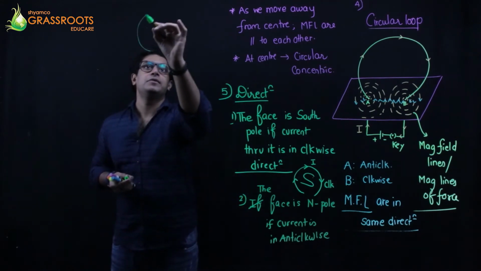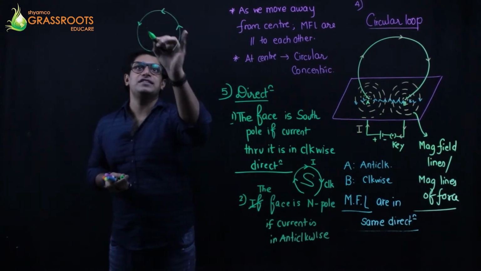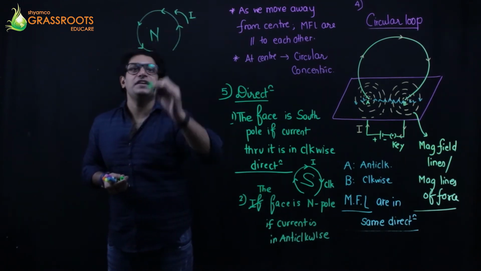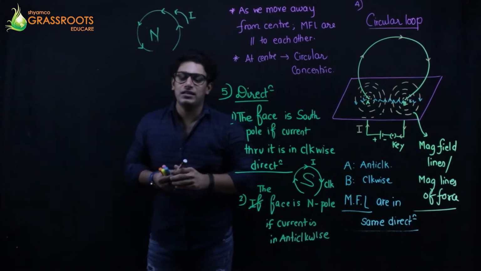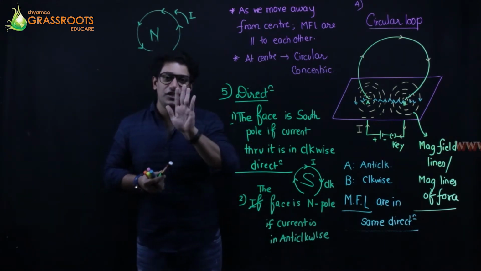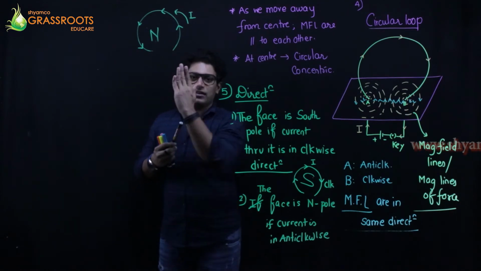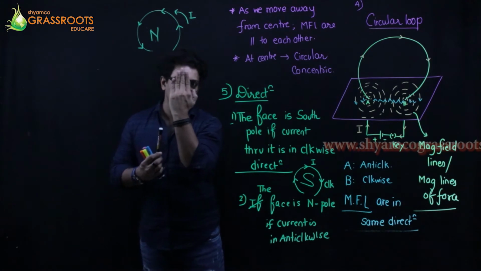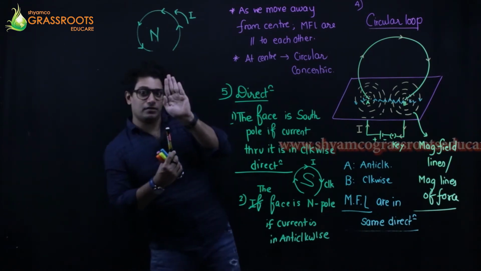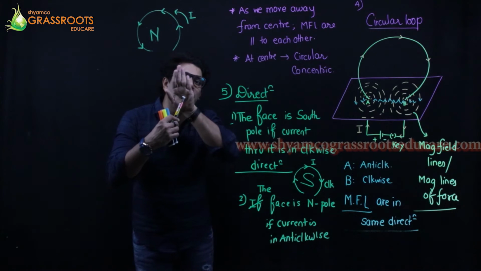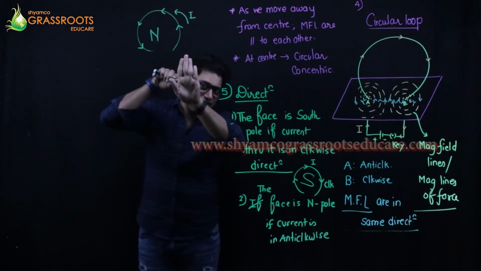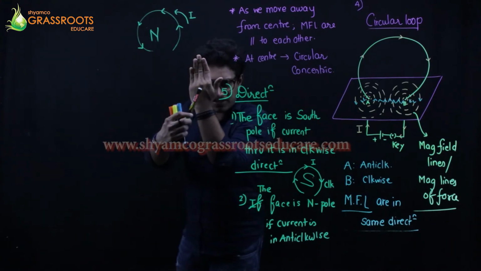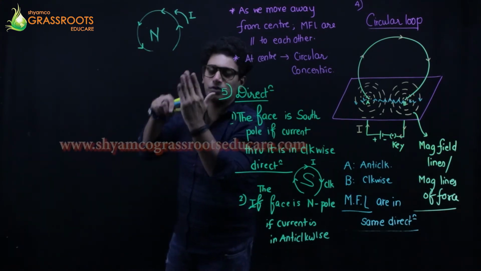Then we call that face a north pole. So it's basically the direction of the current. We need to check the face. If I am looking at this, you are looking at my palm. So for me, if this is north, for you this will be south. If for you this is north, for me this will be south.